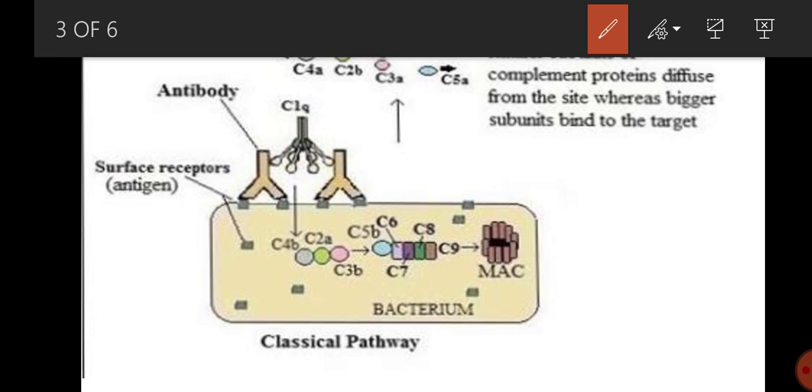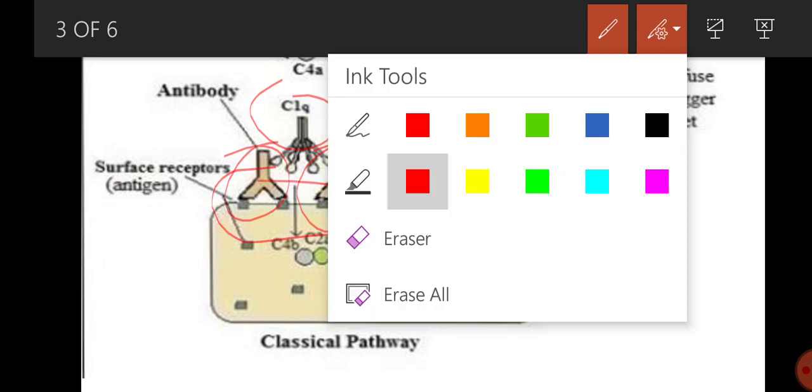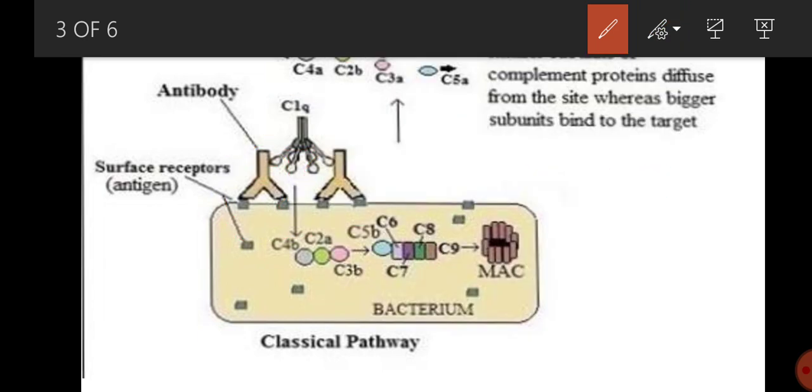First of all, we had C1Q binding to the antibodies. Antibodies are binding to the antigenic site here. Now this C1Q will cause the activation of the C4, and C4B will bind to C1Q.